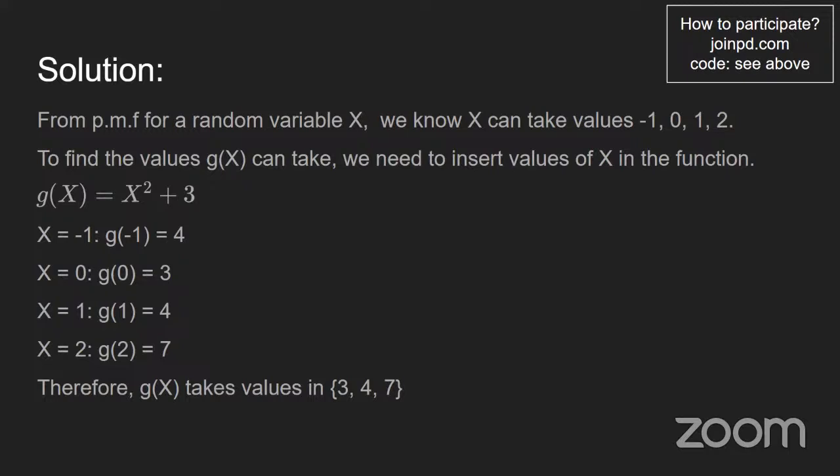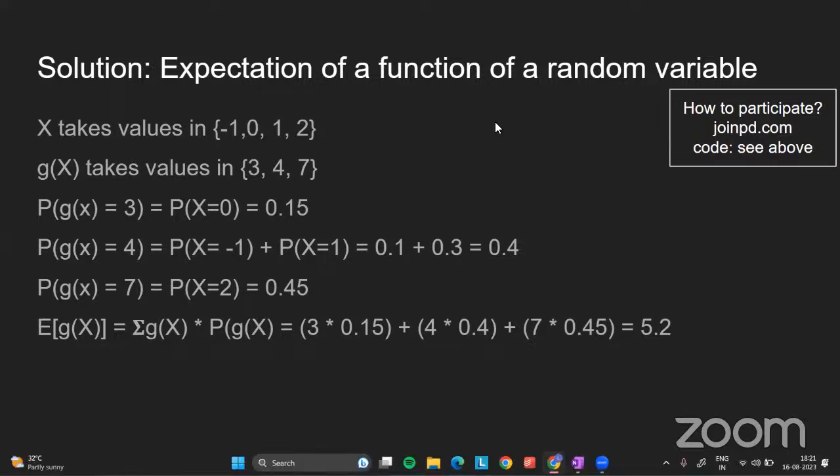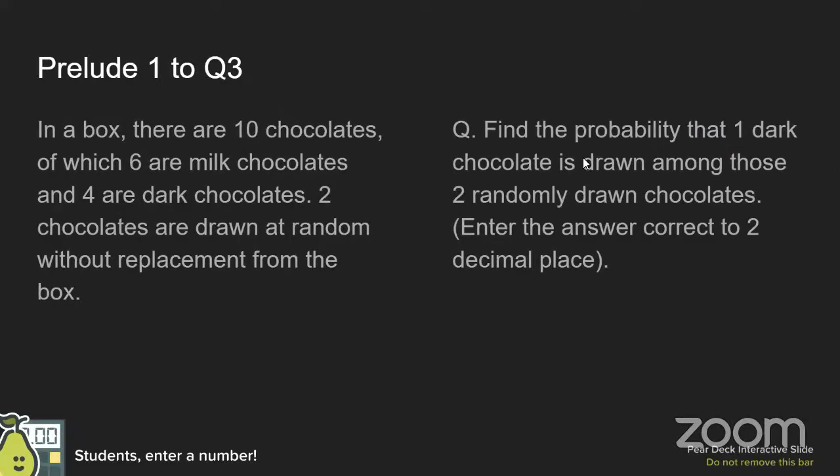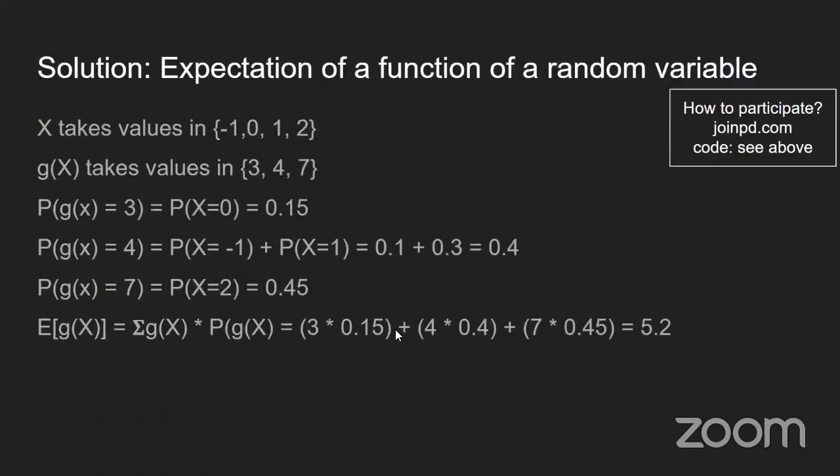So, did everyone understand the explanation for this question? Yes, ma'am. For when the value of g of x is 4, what do we have to do? Can you just explain it? Yeah. Because there are two values, g of x can be 4 when x is either minus 1 or 1.